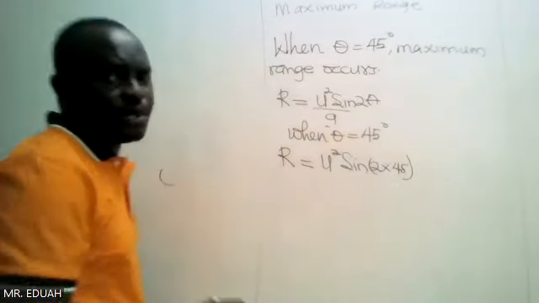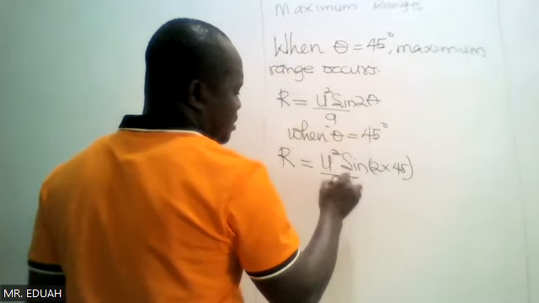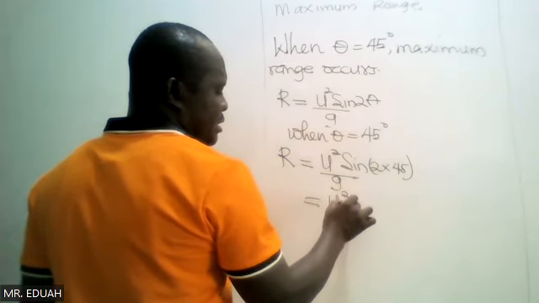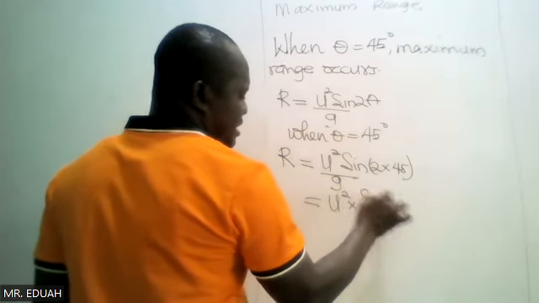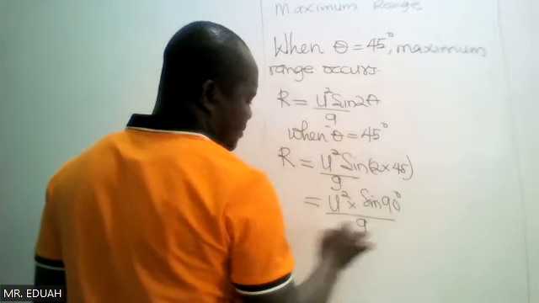Theta is 45, so I'm substituting the angle. So u squared times sine of 90 degrees divided by g.